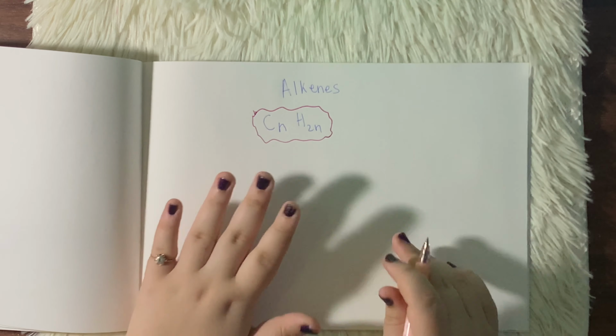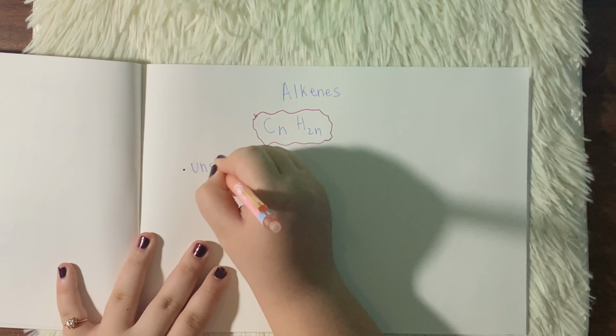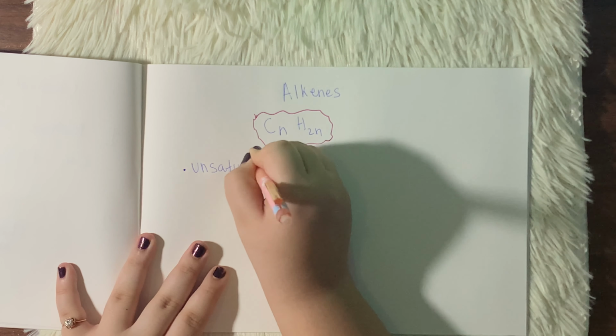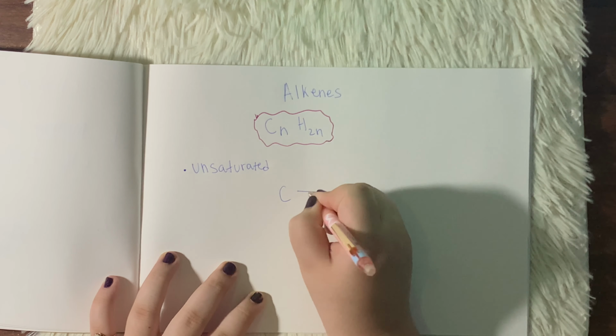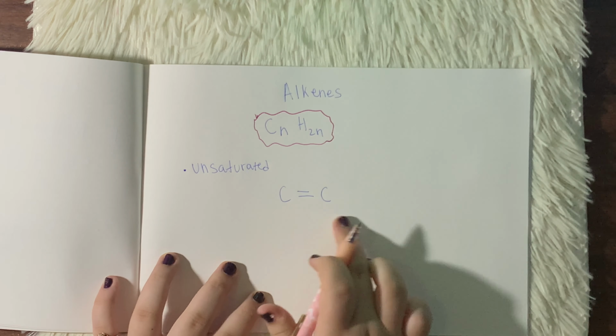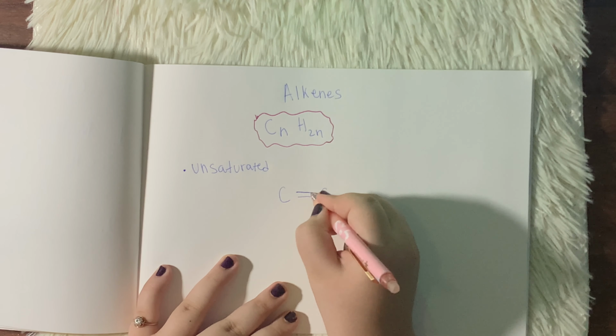Another important part of alkenes is that alkenes are unsaturated. What that means is that all alkenes have a double bond present between carbon atoms. Double bond. There's 2 bonds.